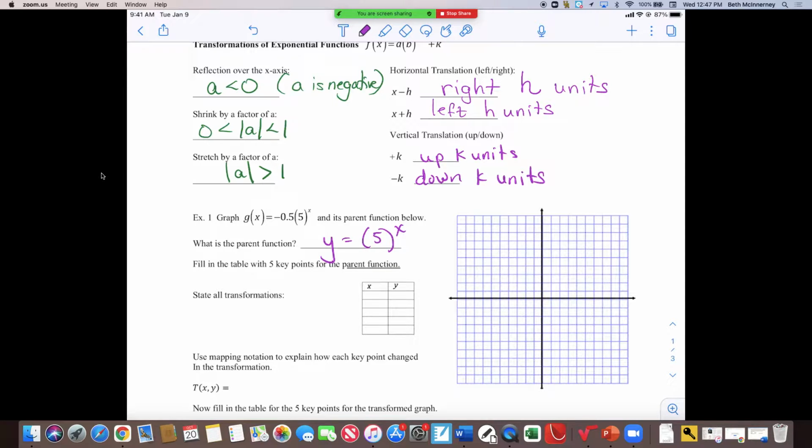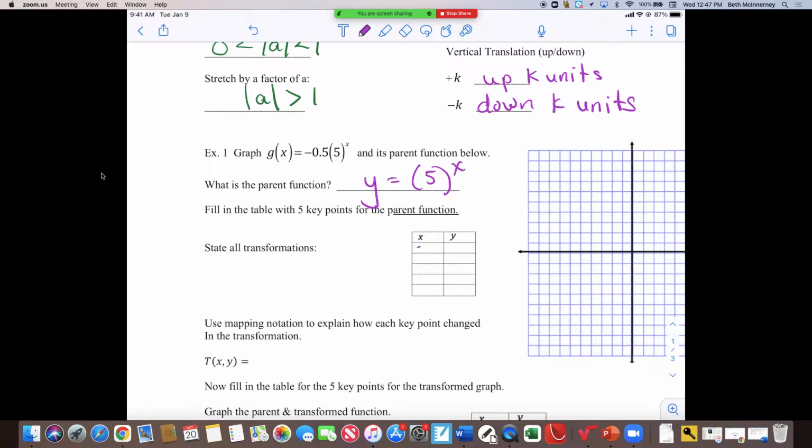It says fill in the table with 5 key points for the parent function. So we do negative 2 to 2. So go ahead and plug in those x values into the parent function.